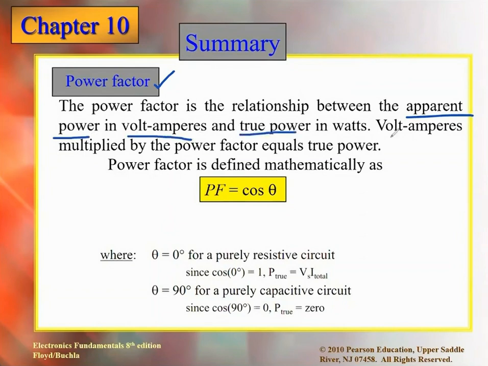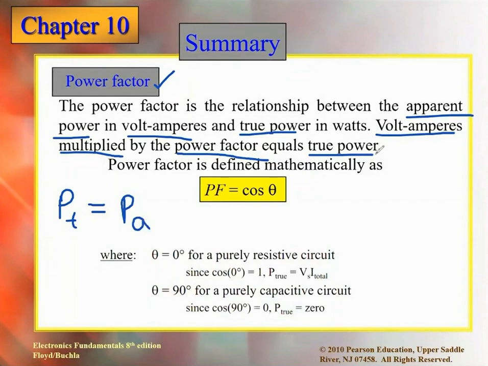So volt amperes multiplied by the power factor equals true power. That is, PT, true power, not total, is equal to apparent power PA multiplied by the power factor.